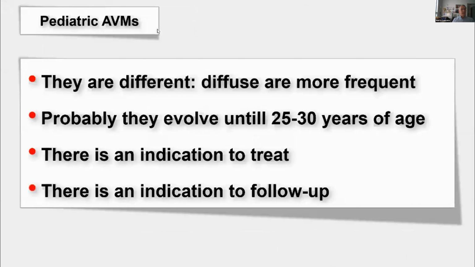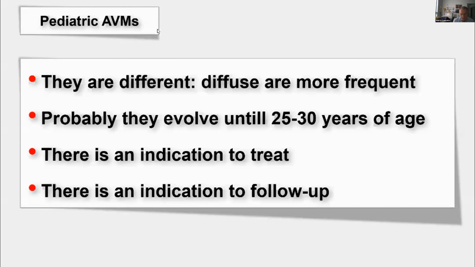So concluding, they are different. Probably they are more diffuse. Probably they evolve until the age of 25, 30. And so when you have an unruptured, very complex diffuse AVM, it's interesting to follow it over time.